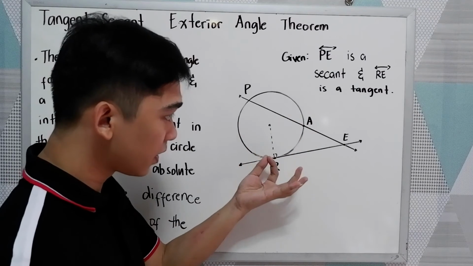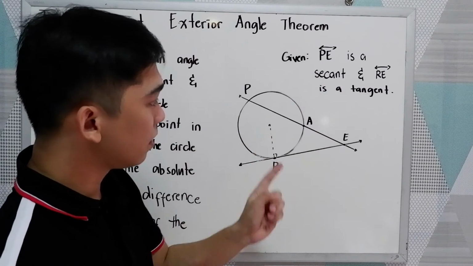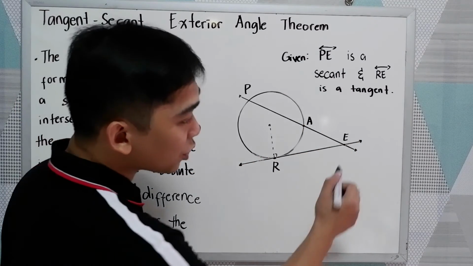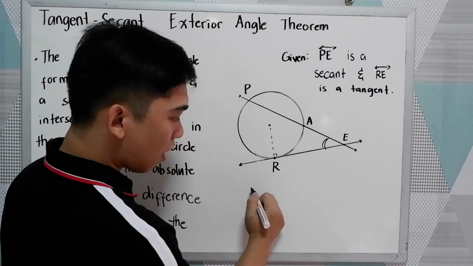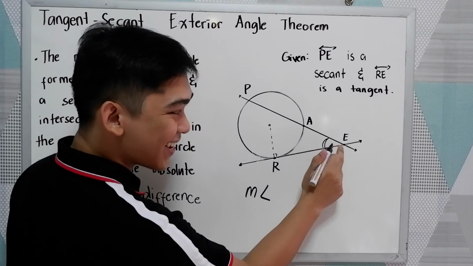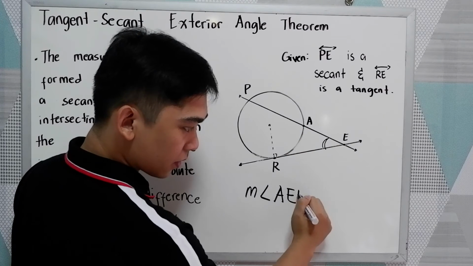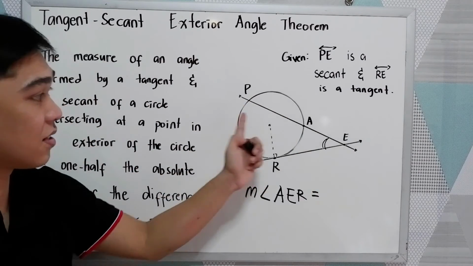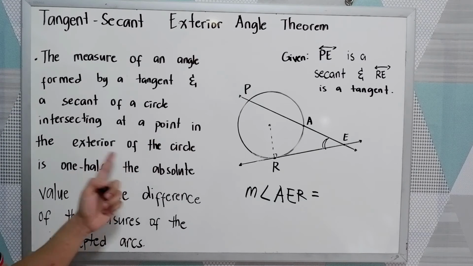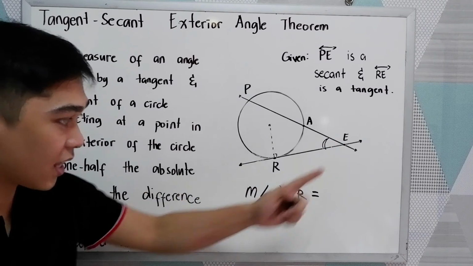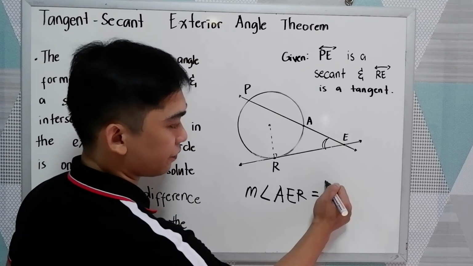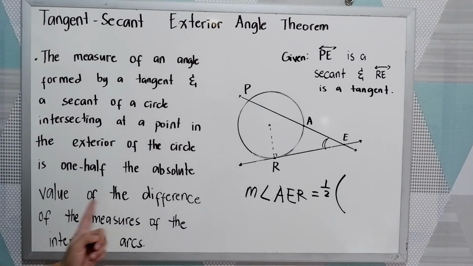So we have a circle, and PE is a secant and RE is a tangent. The measure of the exterior angle, let's say angle AER, the angle formed by a tangent and a secant intersecting at a point in the exterior of the circle, is equal to 1/2 the absolute value of the difference of the measures of the intercepted arcs.